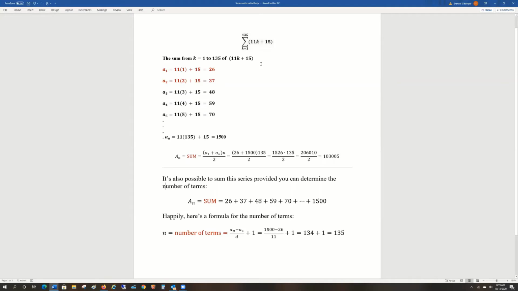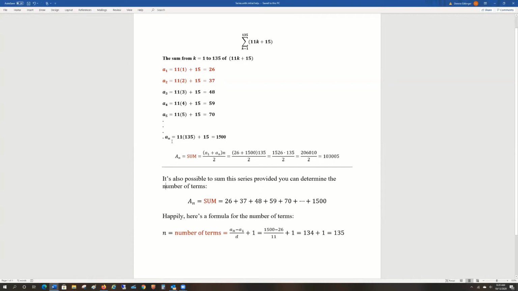In this case, the last term is actually 11 times 135 plus 15, which turns out to be 1500. And you can verify that on your calculator. And I'm calling it a sub n. I could call it a sub 135, but I'm emphasizing that this is the last term notation that I'm going to use in this class.